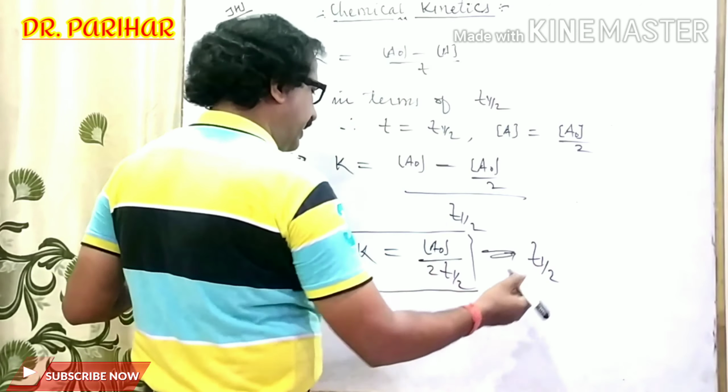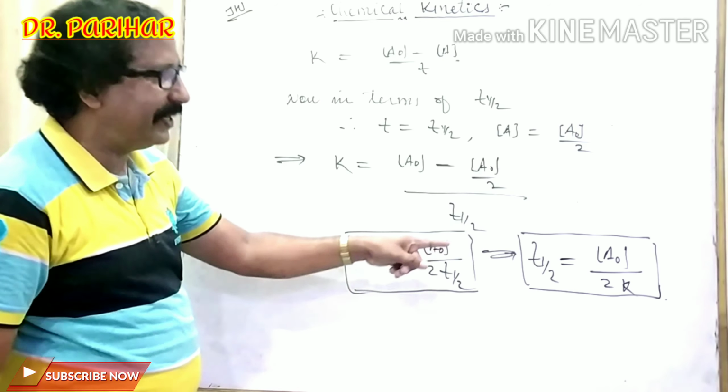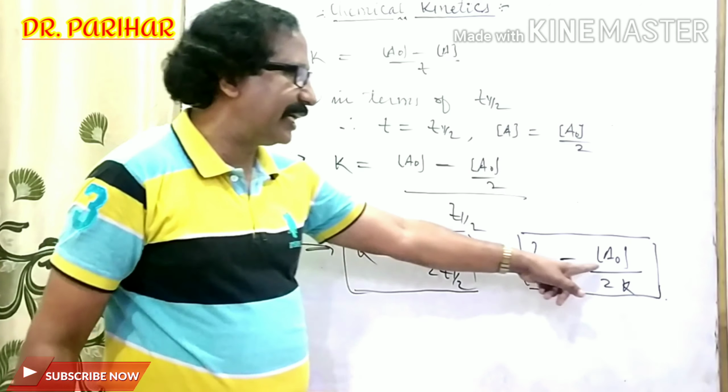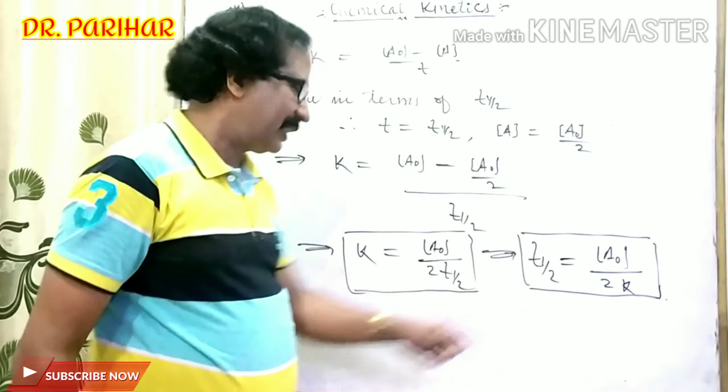And what is the main conclusion from this relation? According to this equation, we can declare that the half-life period of a zero order reaction is directly proportional to initial concentration.